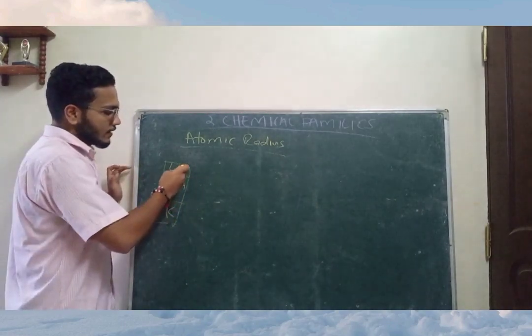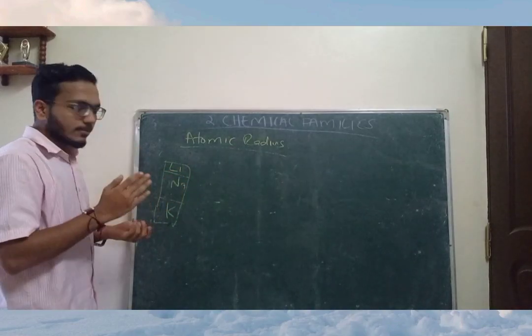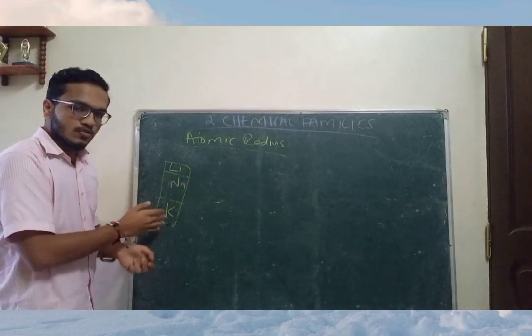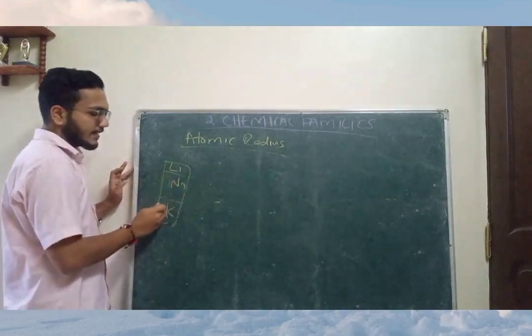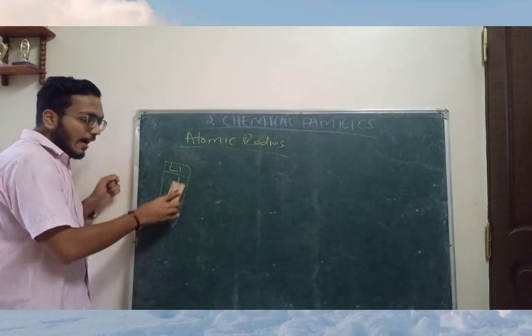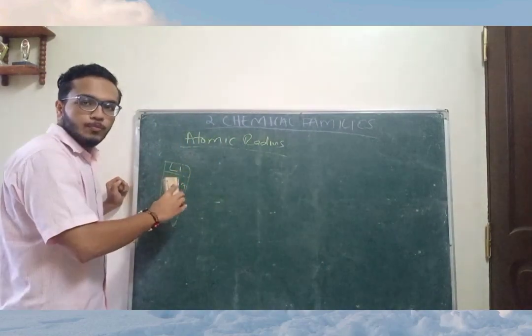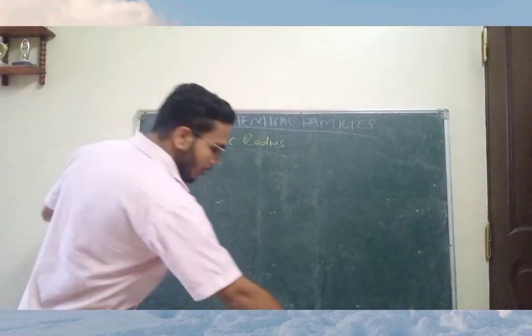We will look at the trend in how the atomic radius of these elements compare, the ionic radius, electropositivity, reactivity and many others. So we will start with atomic radius, how these elements in their own group compare with each other, and we will be looking at trends.